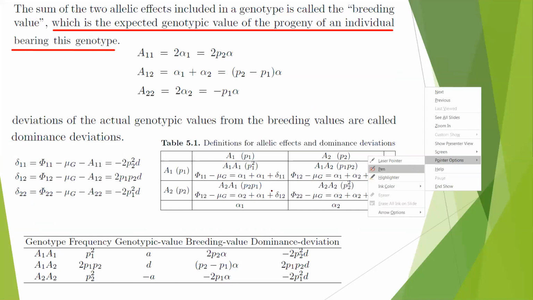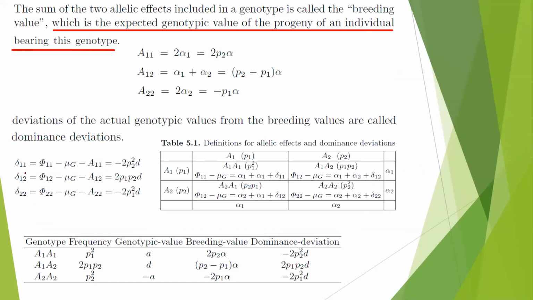Okay, very good. Or you can look at it here. We define this error term for the first genotype, A1, by this. If you treat this as the difference between the genotypic value for the first genotype and the population mean, this includes two parts. One part is the breeding value for this genotype, and the other part is the error.